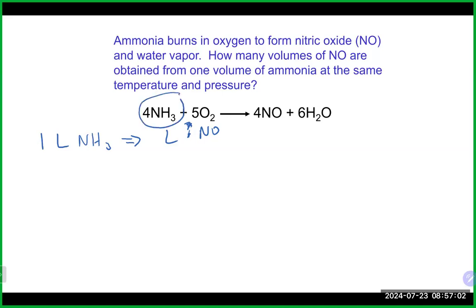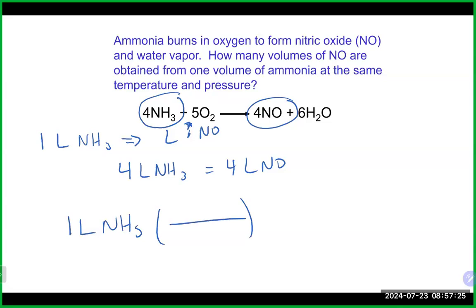We go to the equation, find NH3, and also find our NO. From that equation, for every 4 liters of NH3, we would get 4 liters of NO. That means we can use that as a liter to liter conversion and start with 1 liter of NH3. 4 liters of NH3 gives us 4 liters of NO in this case. Liters of NH3 will cancel, and you will end up with 1 liter of NO produced.